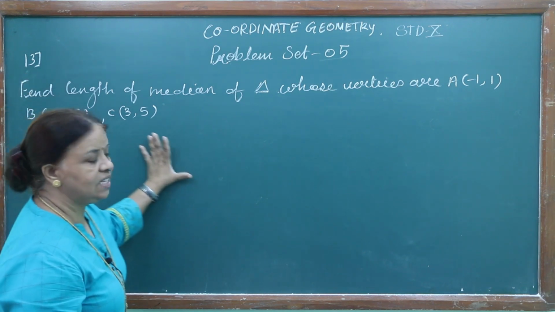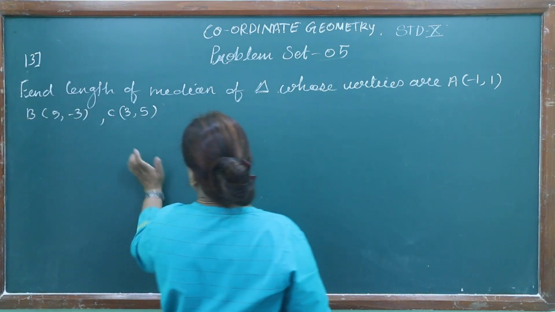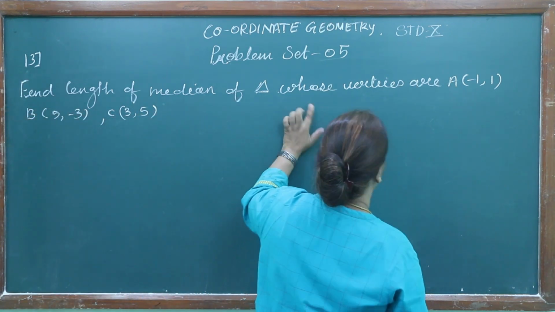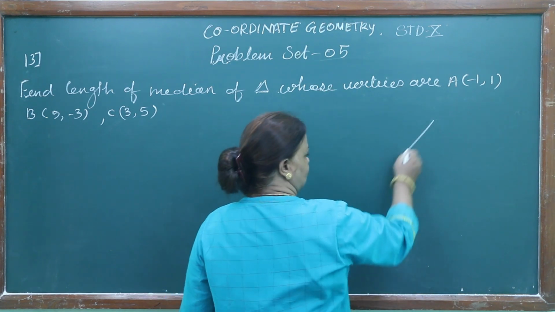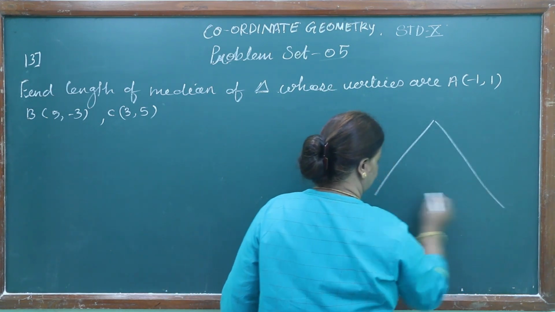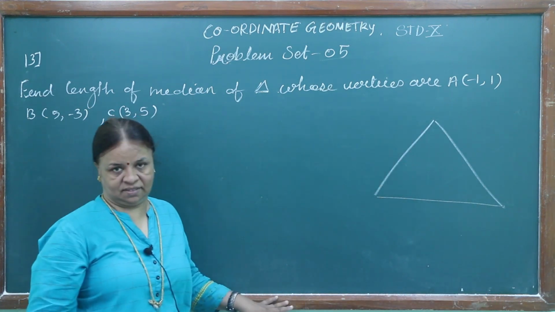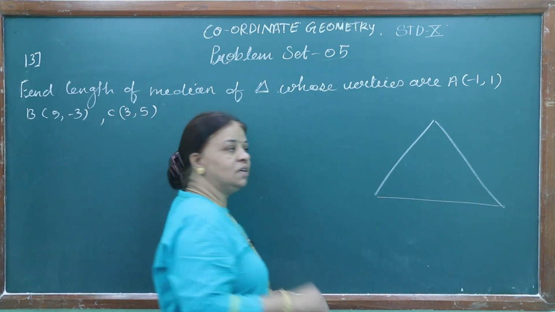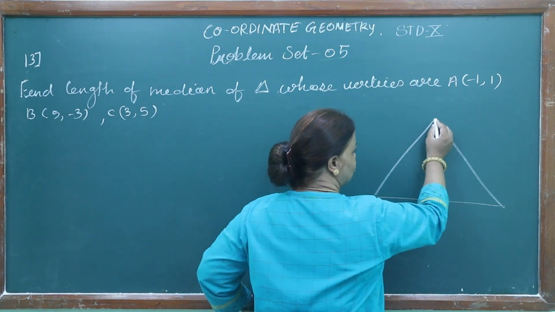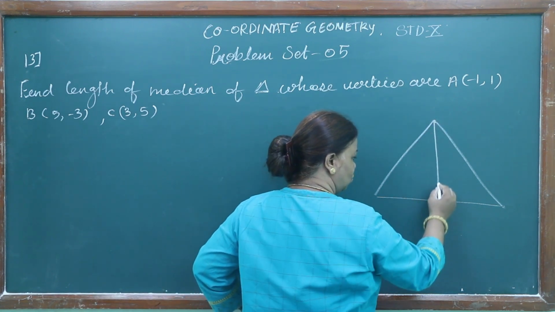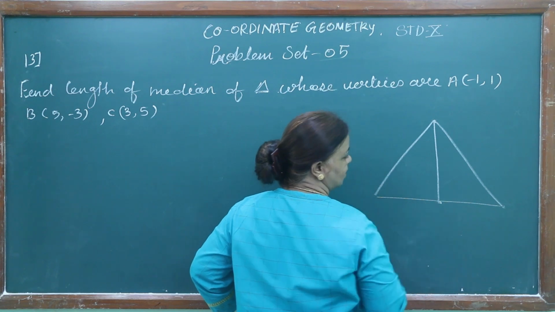What does the 13th sum say, children? Find the length of the median of the triangle. There is a triangle and we need to find out the length of the medians. What is a median? Median is a line which joins the vertex to the midpoint of the other side.